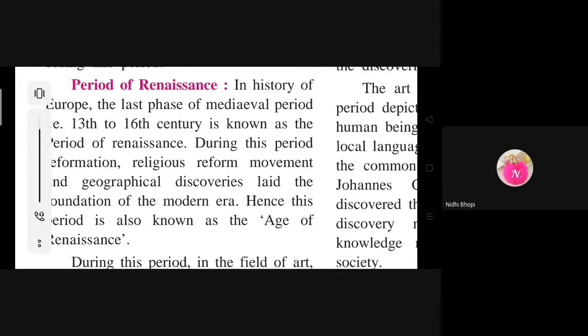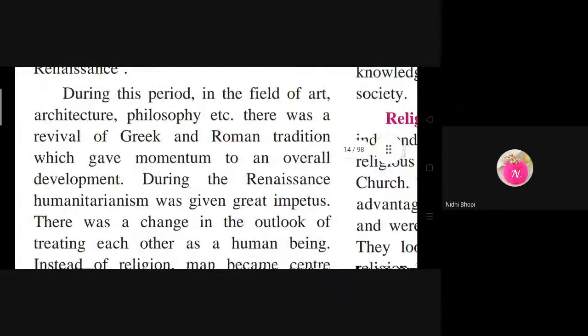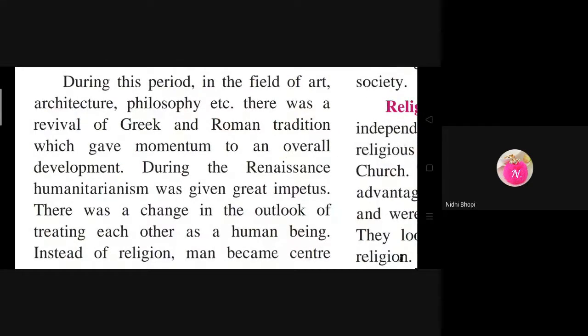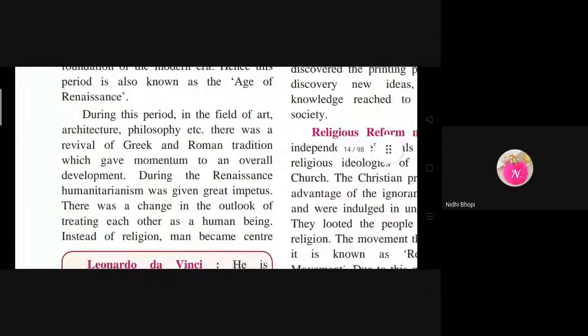Hence, this period is also known as the Age of Renaissance. During this period, in the field of art, architecture, philosophy, etc., there was a revival of Greek and Roman tradition, which gave momentum to an overall development.